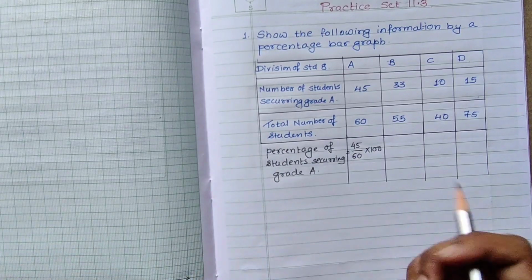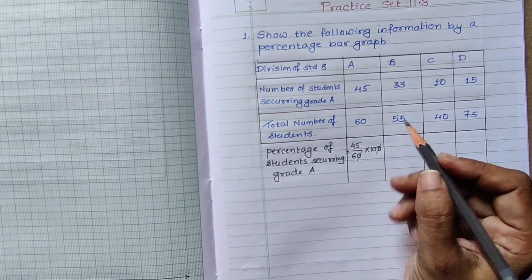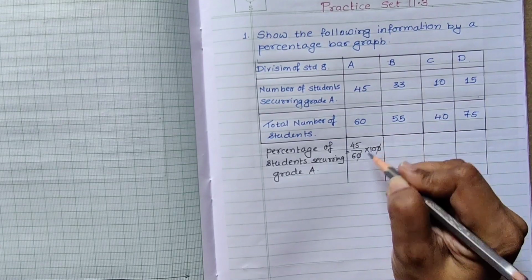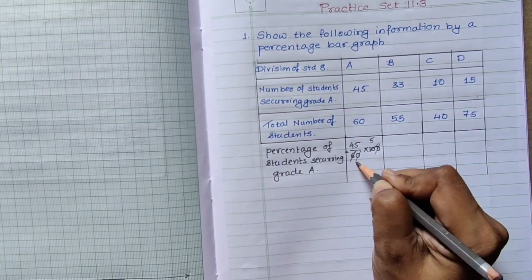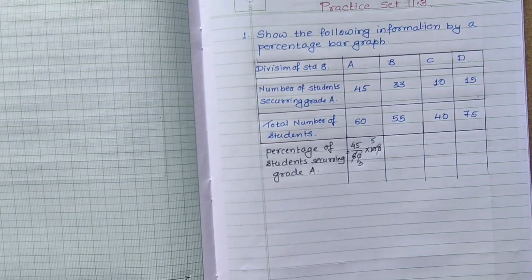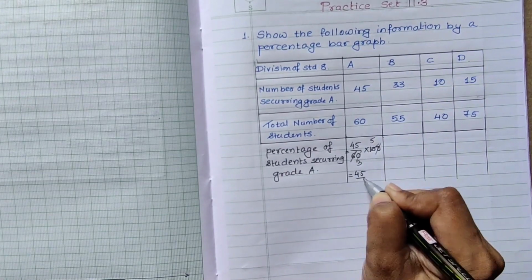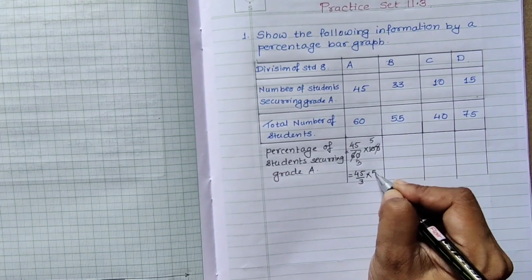Now let us calculate this. 0 and 0 getting cancelled. Now I will be cancelling this 10 and 6. 2 5s are 10 and 2 3s are 6. So let us see what we are getting now. 45 upon 3, and multiply by this 5.